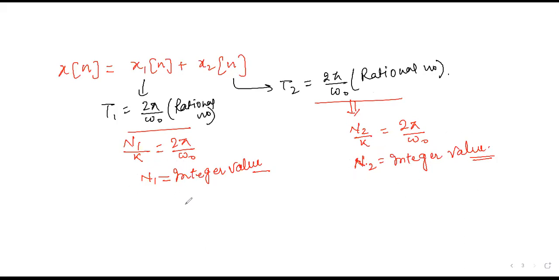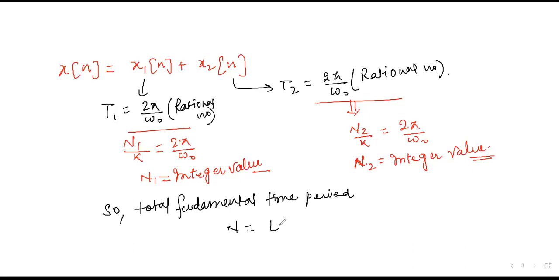Now it is periodic with fundamental time period N2, and it is also periodic with fundamental time period N1, then what's the total time period? So the total fundamental time period N is equal to the LCM of N1 and N2. What is my point, my dear friends?